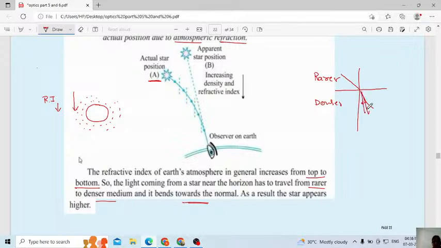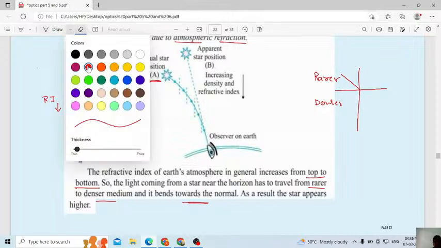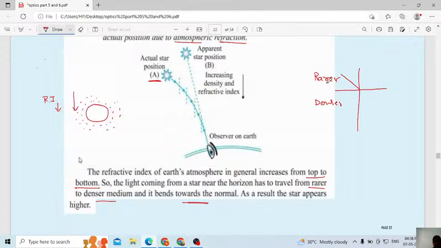When a light ray moves from rarer to denser medium, it will bend towards the normal. That is very very important. As a result, the star appears higher.